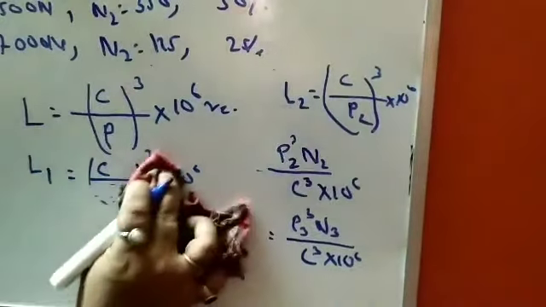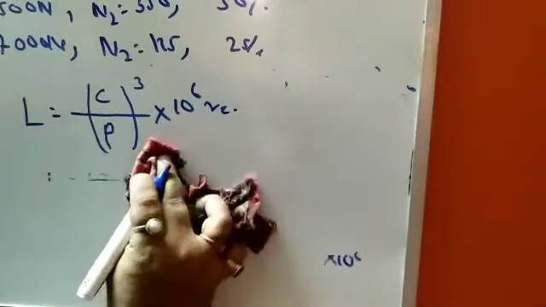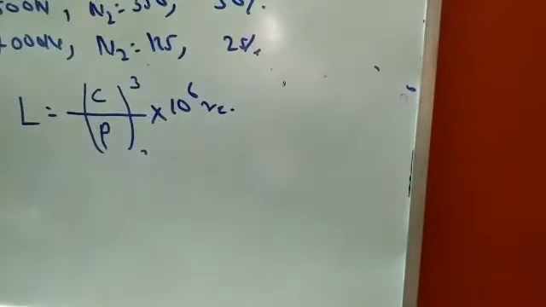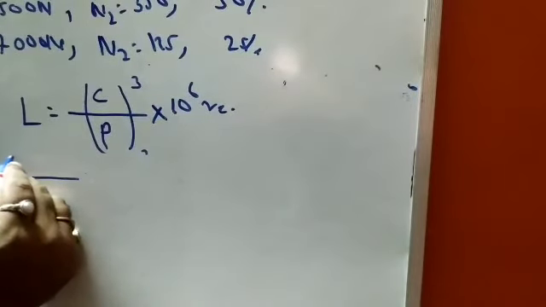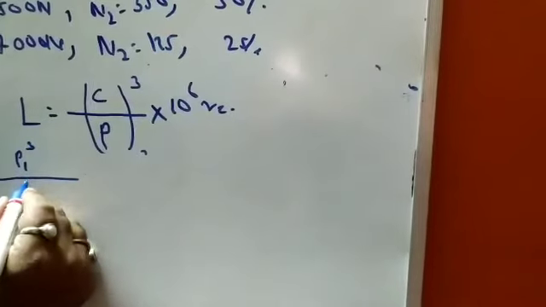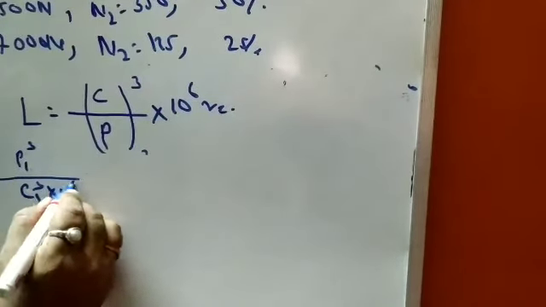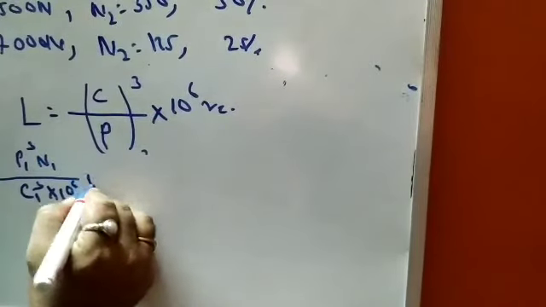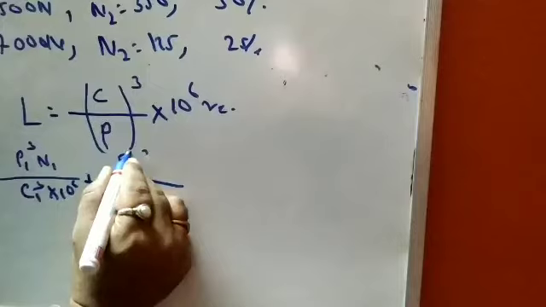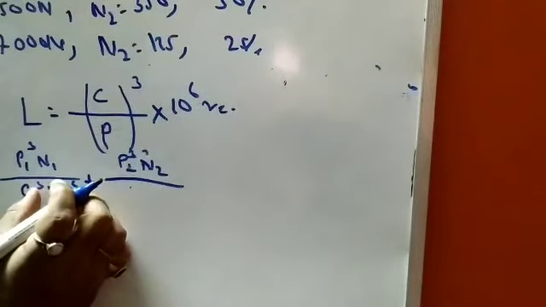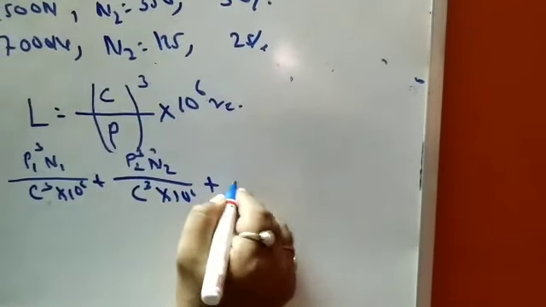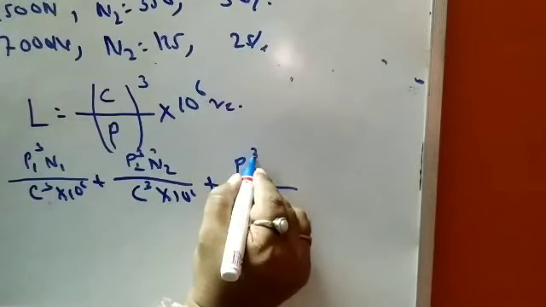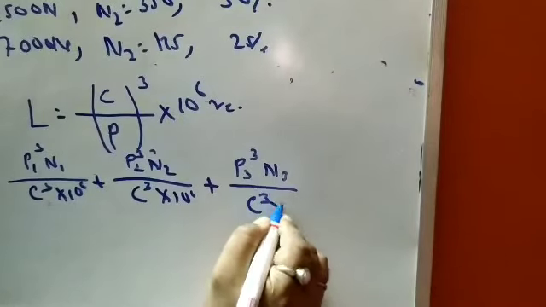Now what happens if we write in this manner? The total life consumed is given by P1 cube by C1 cube into 10 to the power 6 into N1, plus P2 cube into N2 (the C should be the same, the dynamic load bearing capacity should be the same) by C cube into 10 to the power 6, plus P3 cube into N3 by C cube into 10 to the power 6.